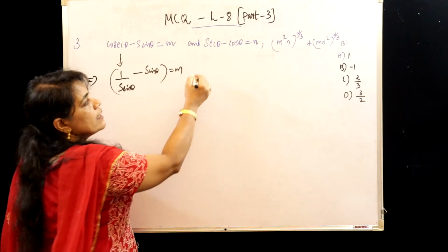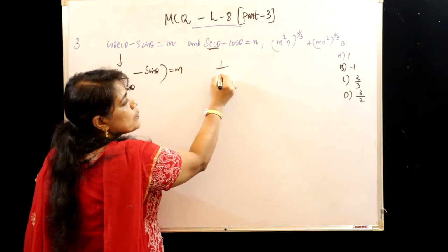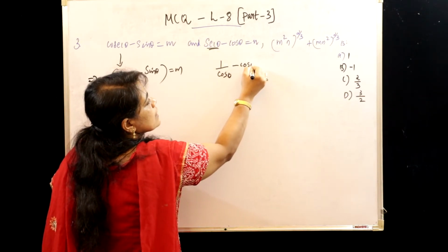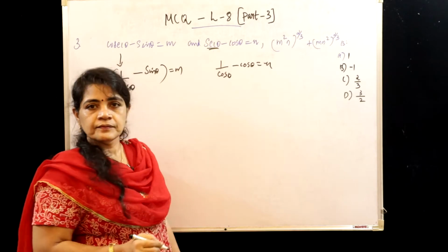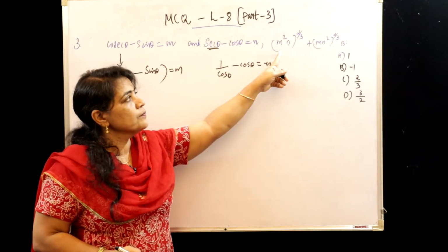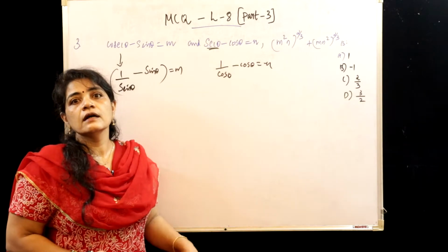The same way here sec theta, the reciprocal relation is 1 by cos theta minus cos theta equal to n. Because we need m square n in the first term and m n square in the second term.